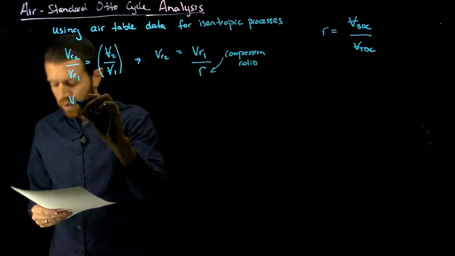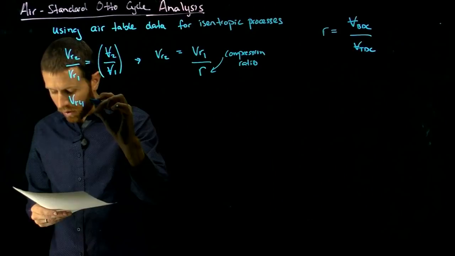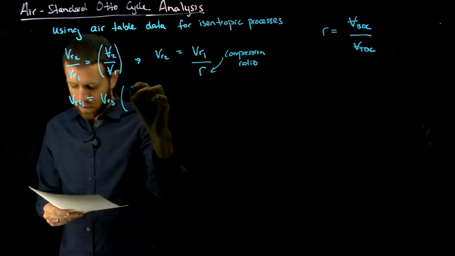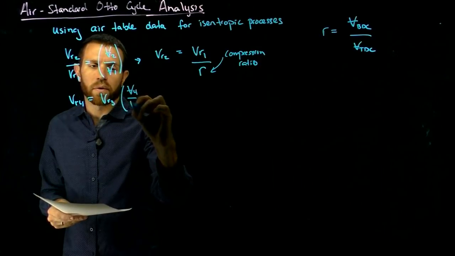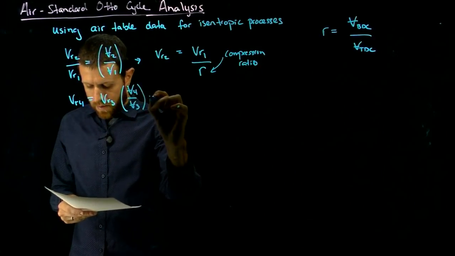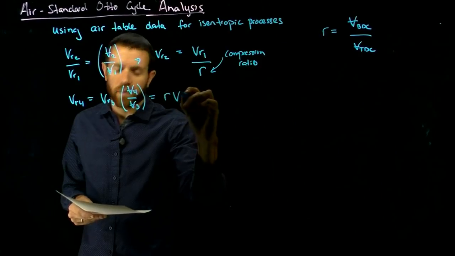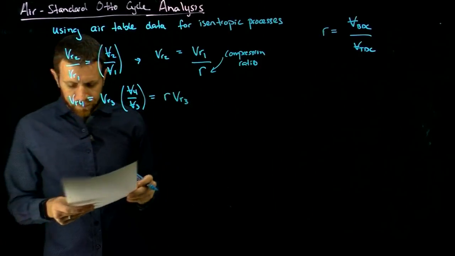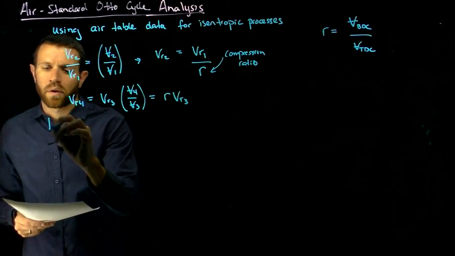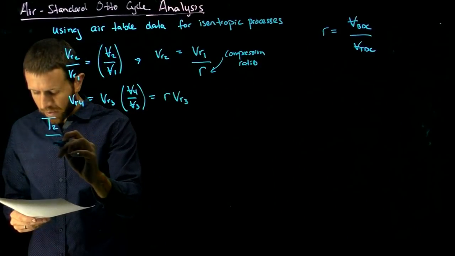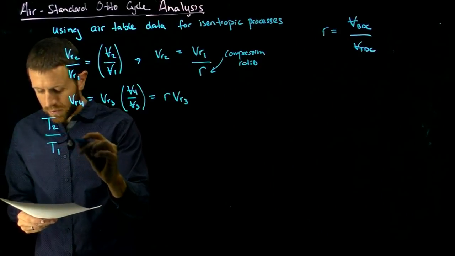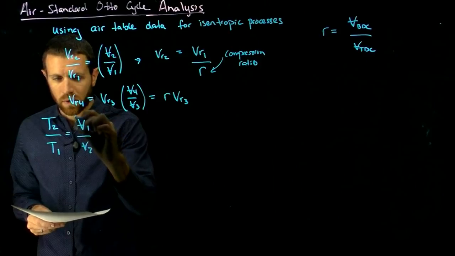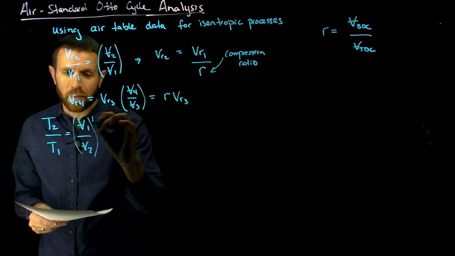So in a similar fashion, I can write vr4 is equal to vr3 times V4 over V3, and that's equal to r vr3. From previous lecture, we found that T2 over T1 would be equal to V1 over V2 to the k minus 1.